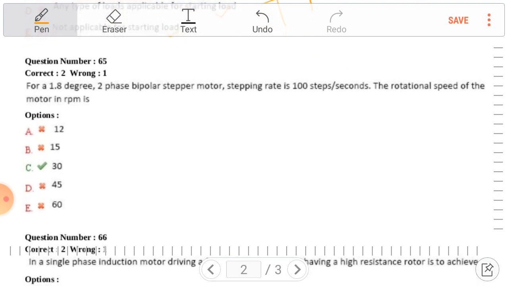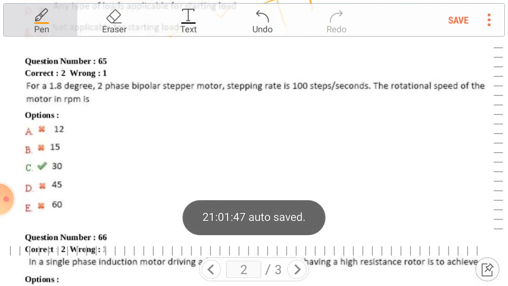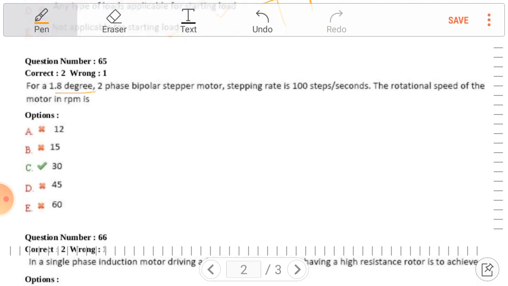In the next question, this is a numerical of stepper motor. For 1.8 degree step angle, two phase bipolar stepper motor, stepping rate is 100 steps per second. He is asking the rotational speed in RPM, rotations per minute. So speed can be found like this: theta into stepping rate divided by total angle, which is 360 degrees.